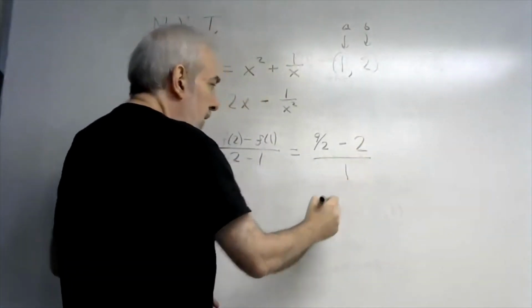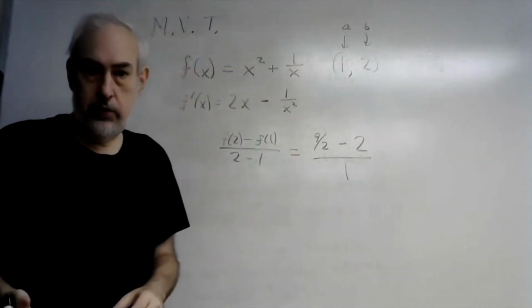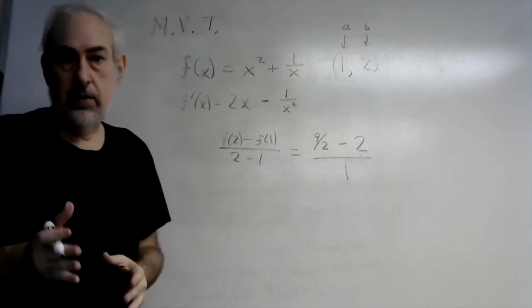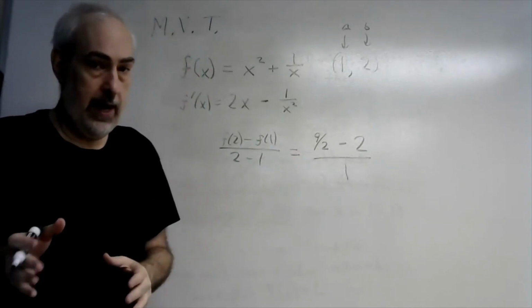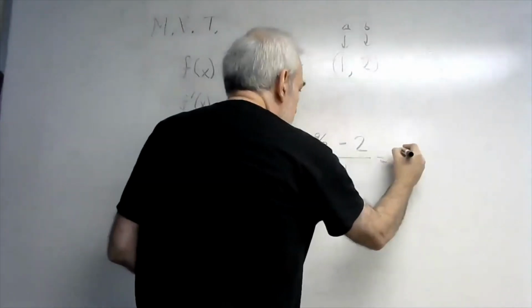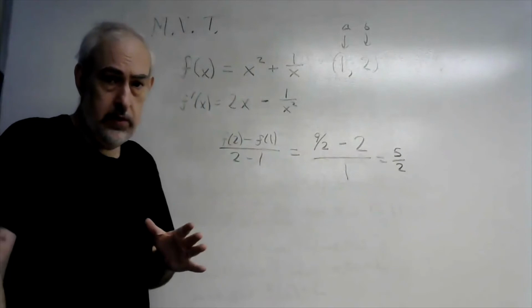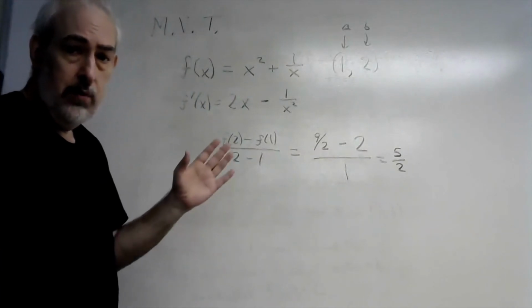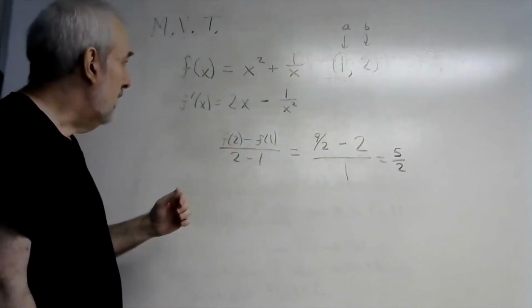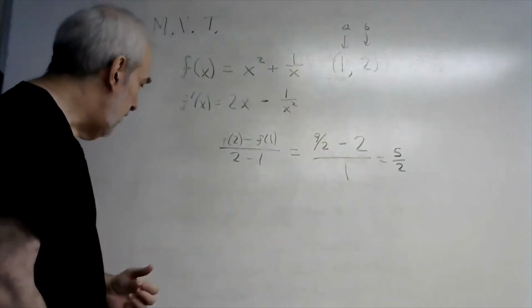The denominator is 1. 9 halves minus 2, so that's 9 halves minus 4 halves, which is 5 halves. So according to the mean value theorem, the derivative has to equal 5 halves somewhere between 1 and 2. So let's see if it does.